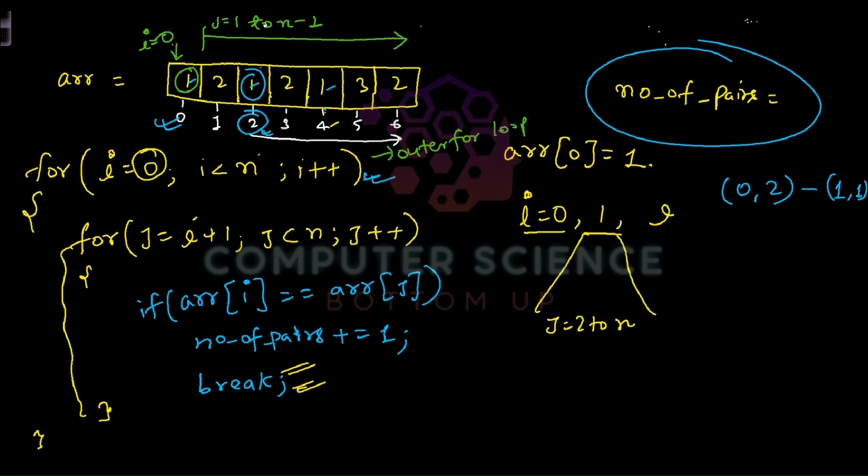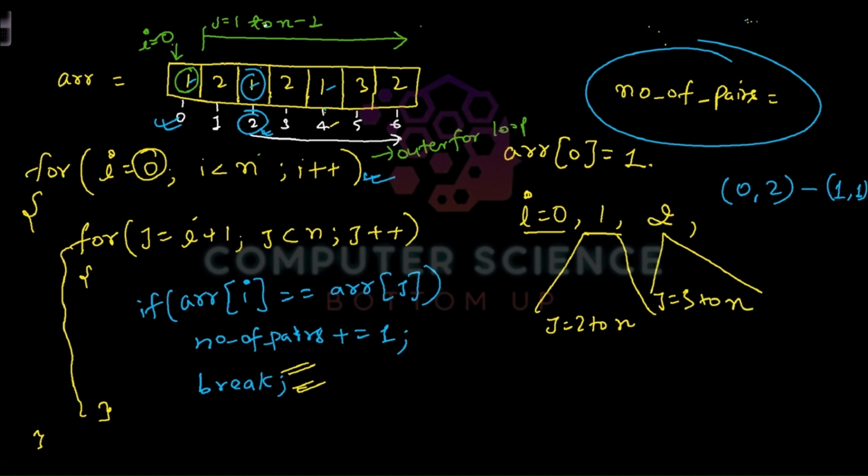When i will become 2, what do you think? Should we go from j equal to 3 to n to check if there is any match or not?